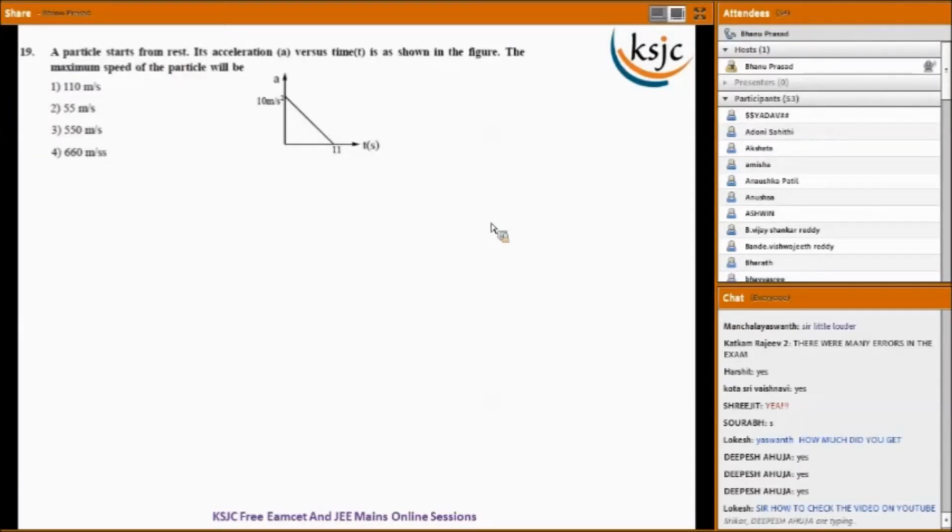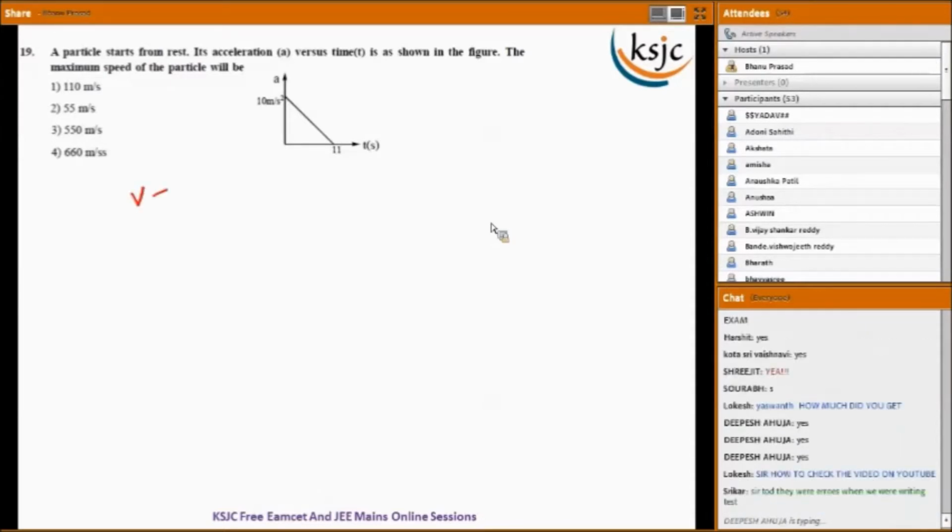So v minus u equals at, which is nothing but the area. U is anyway 0. So v equals the area, which is half into base 11 into height 10. This leads to 55 meters per second, which is option 2.